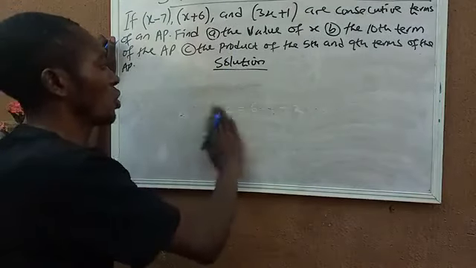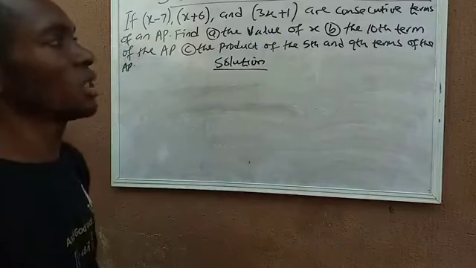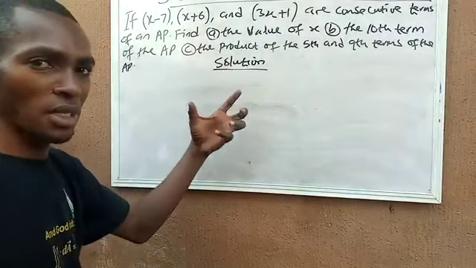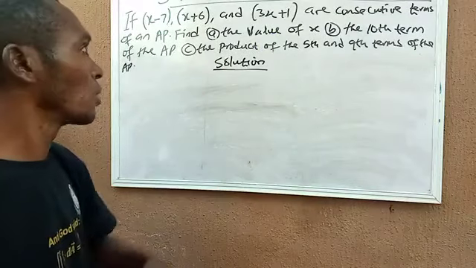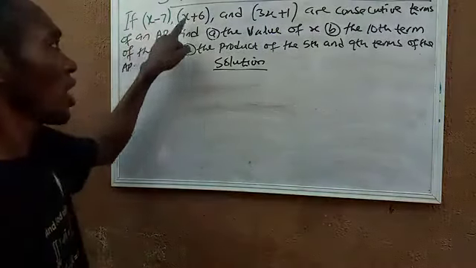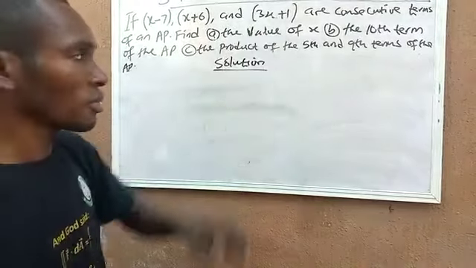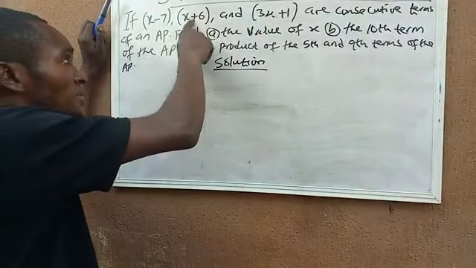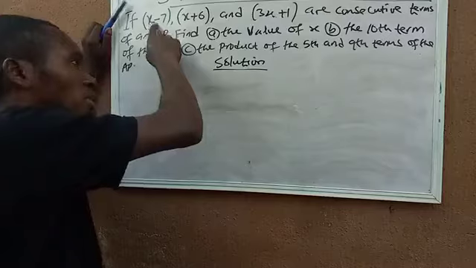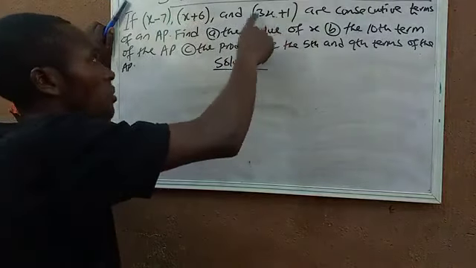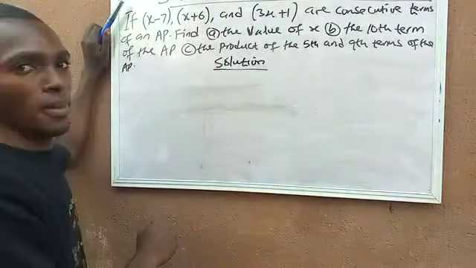Mind you, the question says that they are consecutive terms, meaning they have the same pattern of generation. This is our first term, our second term, and our third term. What we're going to do is say the second term minus the first term equals the third term minus the second term.